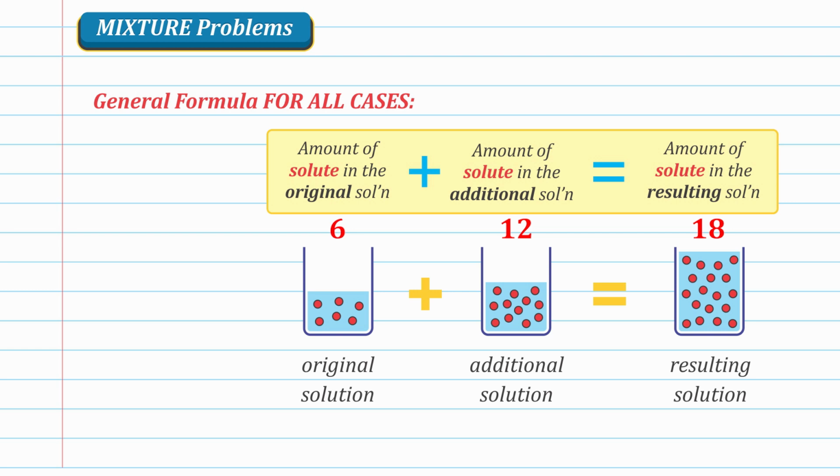The amount of solute in the original solution, that is 6 in this case, plus the amount of solute in the additional solution, 12 in this case, should be equal to the amount of solute in the resulting solution, 18 in this case. Yep, it would help a lot to memorize this formula.